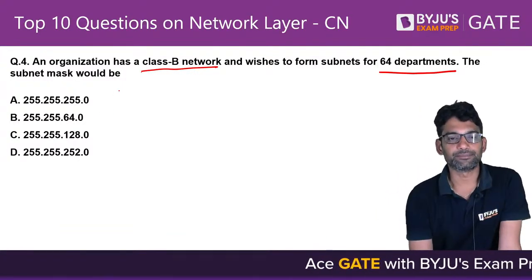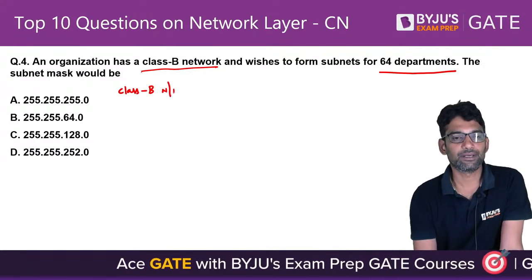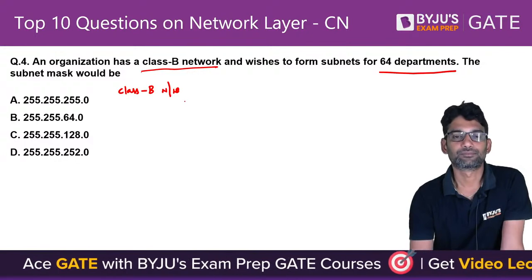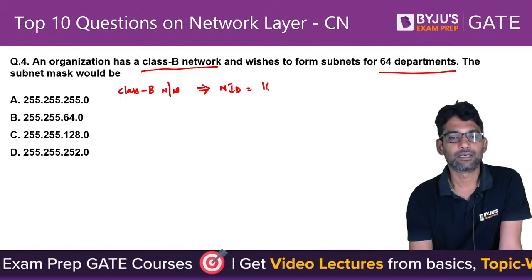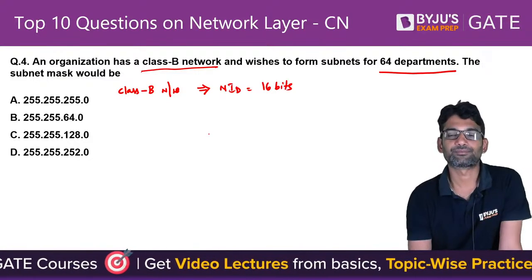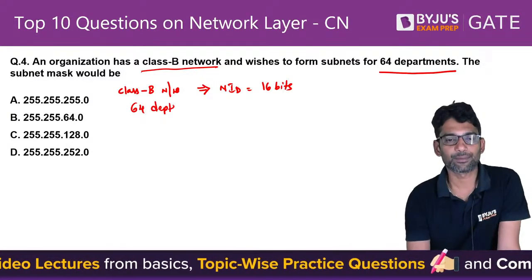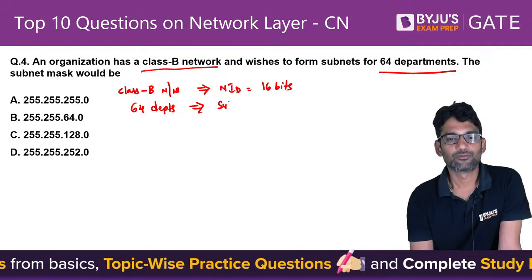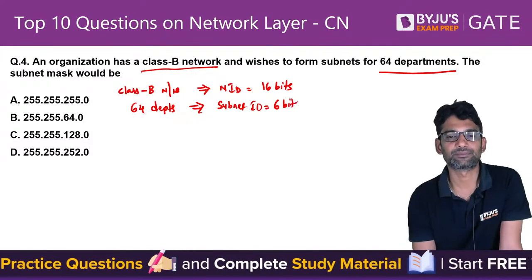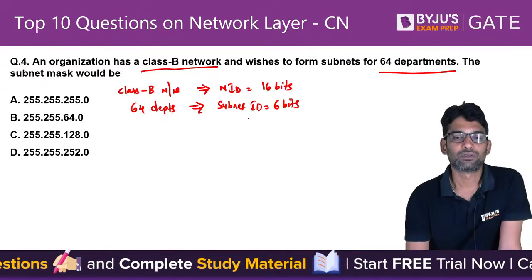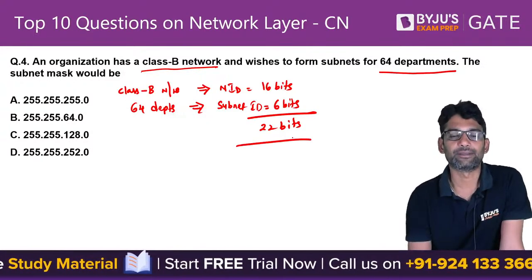It is given class B network. So we can say for network ID 16 bits, and as there are 64 departments, for subnet ID we can say minimum 6 bits. So 22 bits for net and subnet ID.